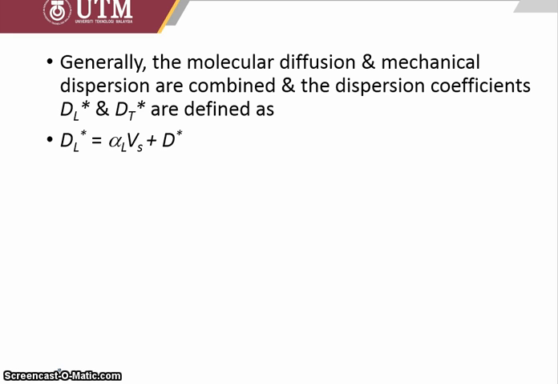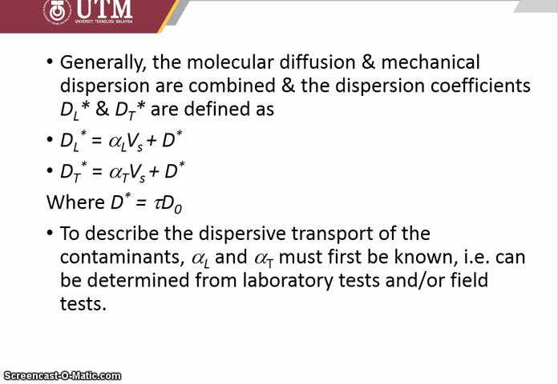Before we go to the slide on defining alpha, let's see that mechanical dispersion and diffusion usually occur together. Combining their expressions, we get D sub L star and D sub T star, which I would like to call the effective dispersion-diffusion coefficients in the transverse and longitudinal directions. We can also include the tortuosity effect in the diffusion, so you still remember that.